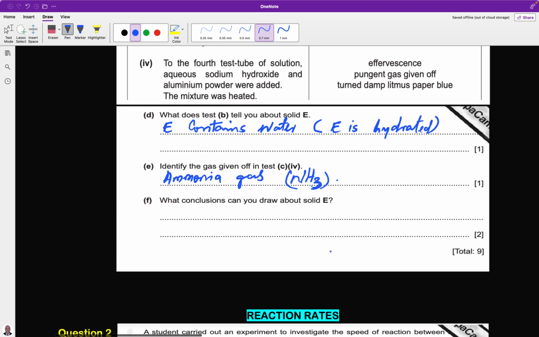So our conclusion here will be that E could be a nitrate or a hydrated salt.